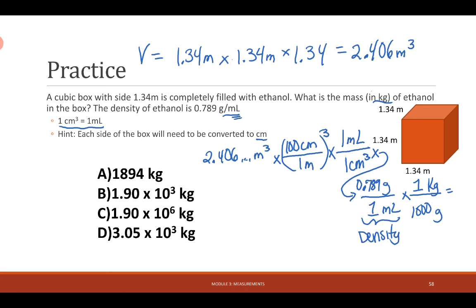So let's go ahead and work this out. 2.406 times 100 cubed divided by 1 cubed times 1 over 1, which is itself, times 0.789 divided by 1,000.